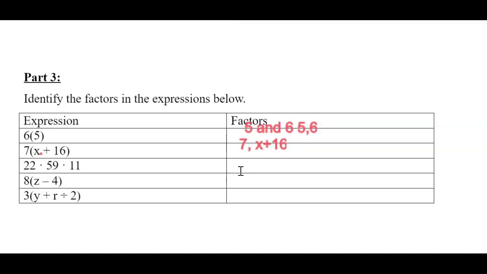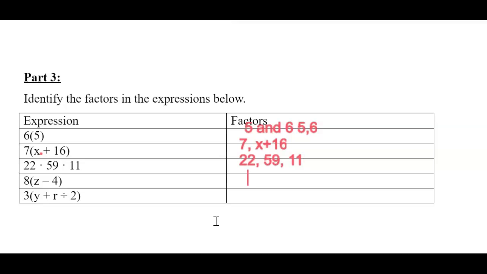All right, next one, we have 22 times 59 times 11. The factors would be 22, 59, and 11. Why don't you go ahead and try the last two here, right? The factors for both of these are algebraic expressions.